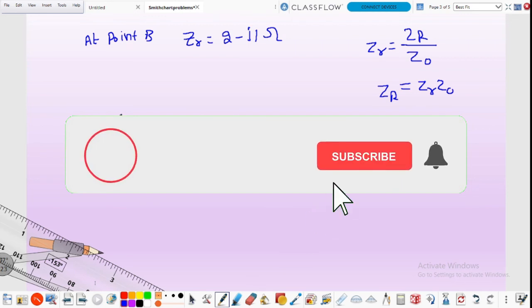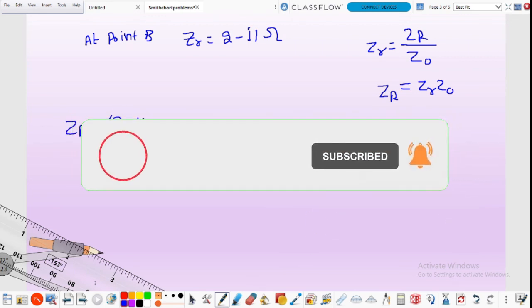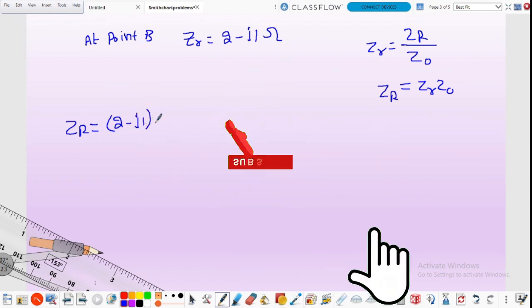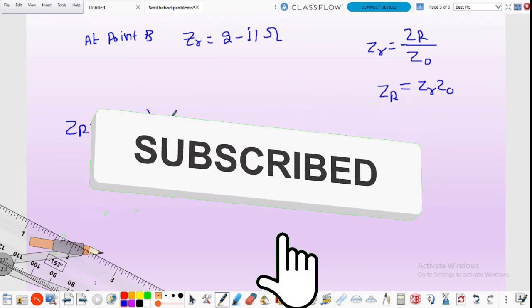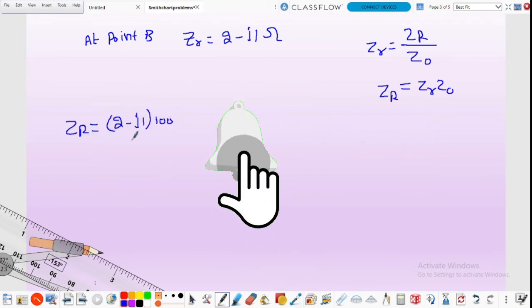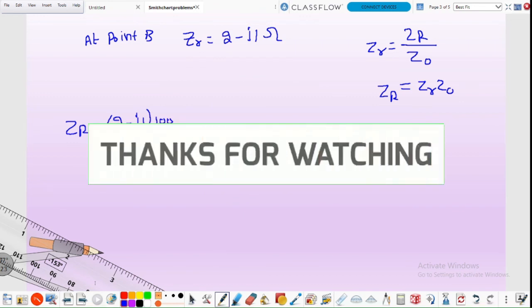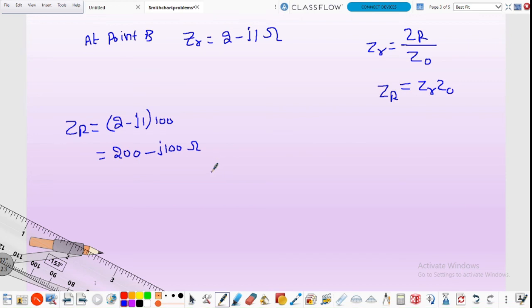From the figure at point B, the normalized impedance value is 2 minus j1, into Z0, the characteristic impedance. From the given data, the characteristic impedance is 100 ohms. Multiplying 100 within the bracket, we get 200 minus j100 ohms. So this is the impedance at lambda by 8 distance.